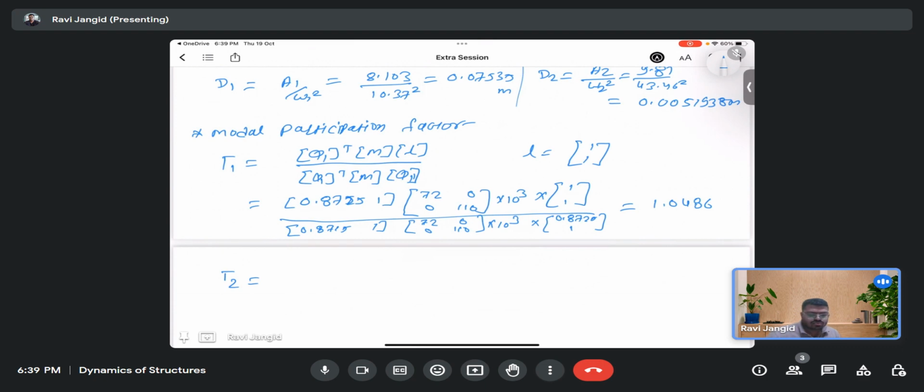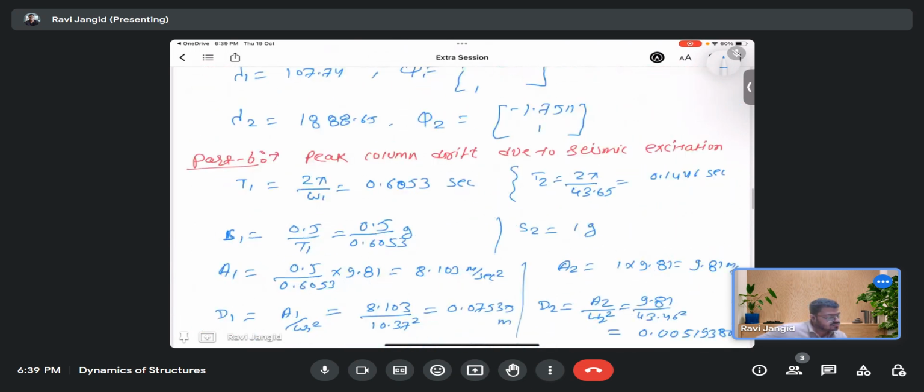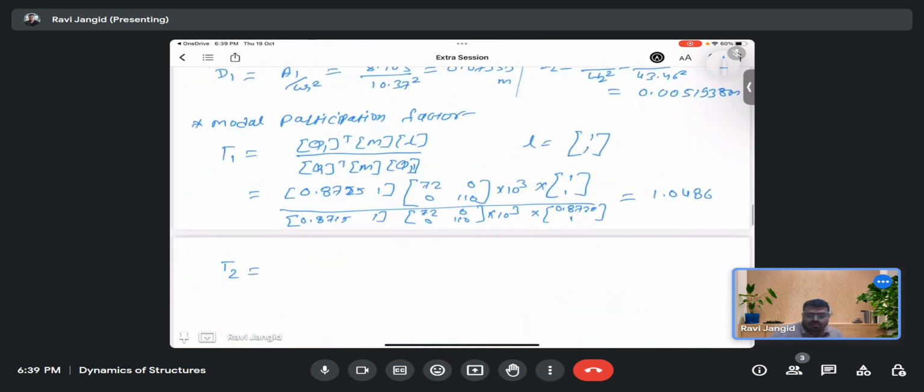Similarly, you need to find gamma 2. For gamma 2, it would be again phi 2 transpose mass matrix times L over phi 2 transpose mass matrix times phi 2.